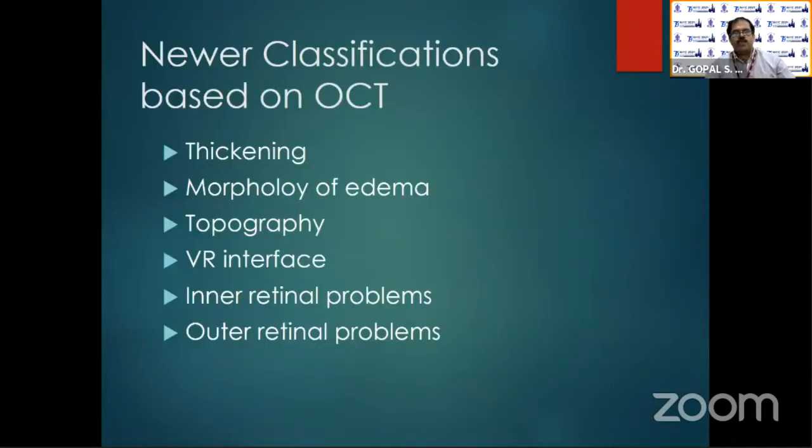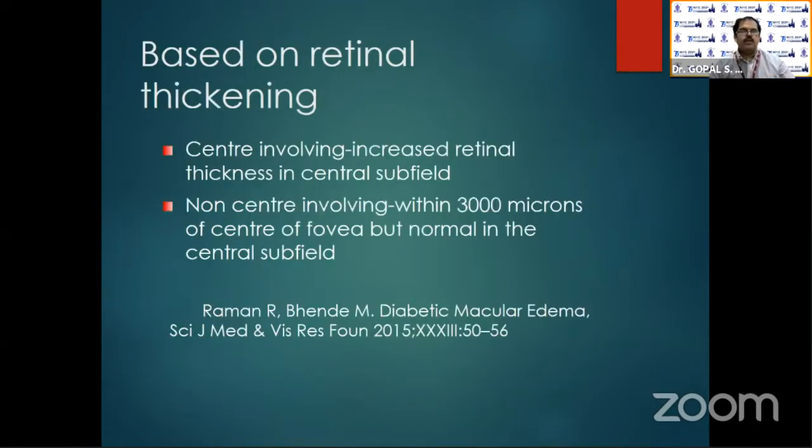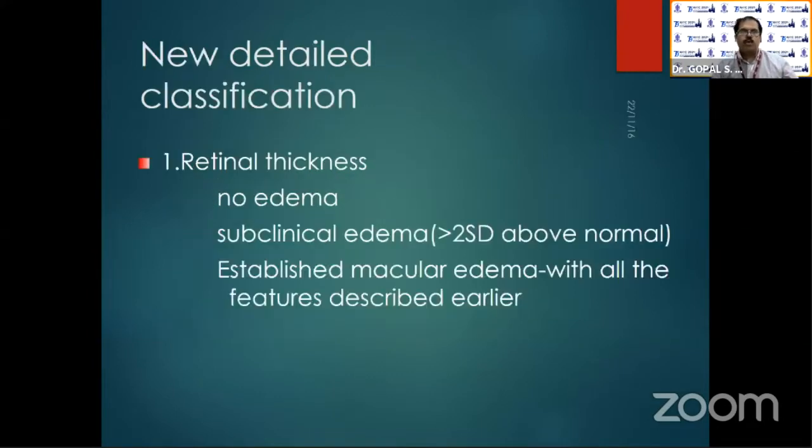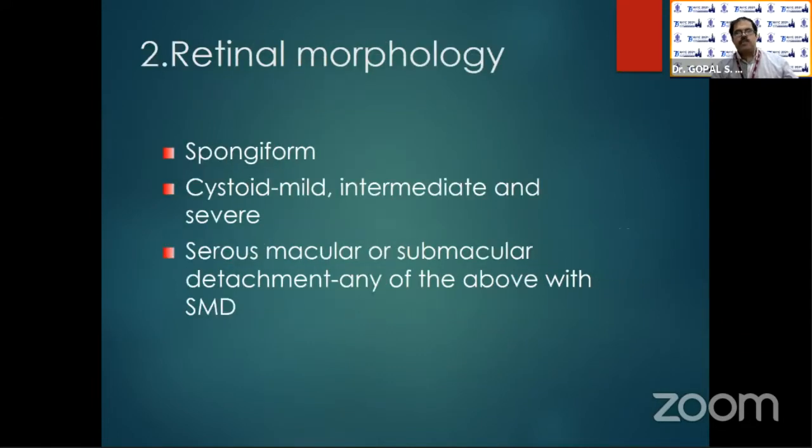Now, newer classification systems based on OCT will take into account the thickening, the morphology of edema, which was mentioned already, the topography, the VR interface, how it is, the inner retinal and outer retinal problems. Involving all these, we have to basically talk about an OCT. So based on retinal thickening, it could be central involved, non-central involved. Thickness could be no edema, subclinical edema, or established macular edema.